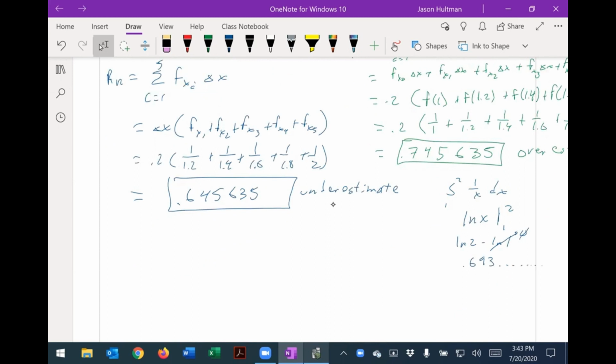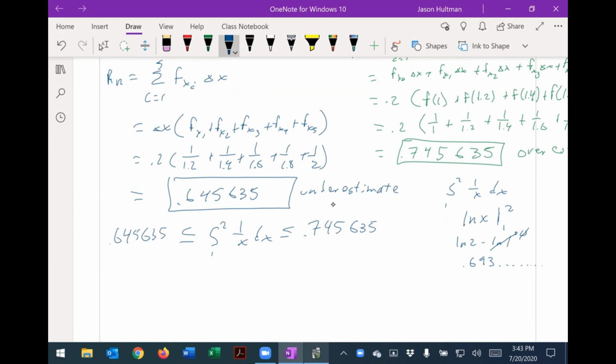So we said that the integral from 1 to 2 of 1 over x dx is bounded by 0.645635 and 0.745635. It's interesting that they both end in 35. It must have something to do with the nature of taking 1/5 here. Oh yeah, because all we did was subtract off 0.1, yeah.